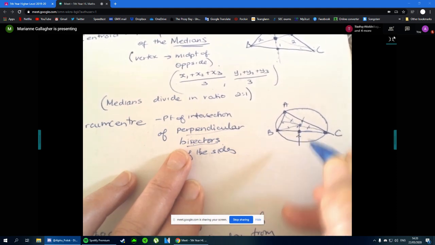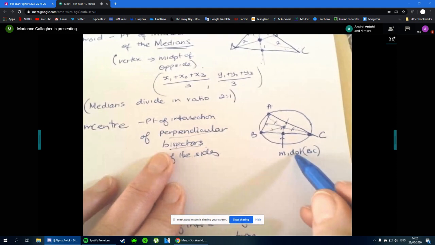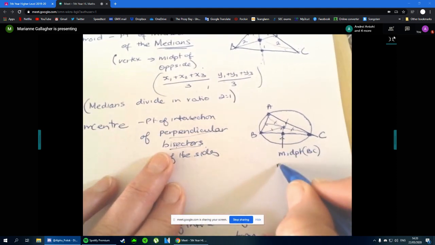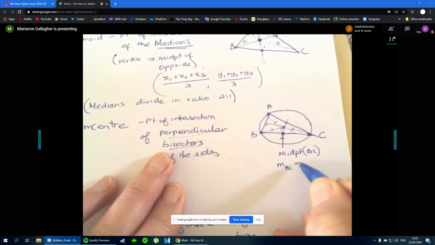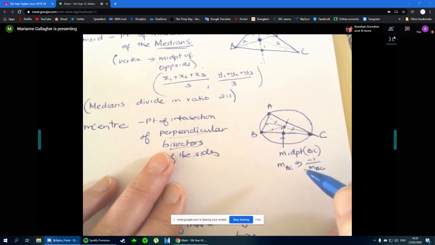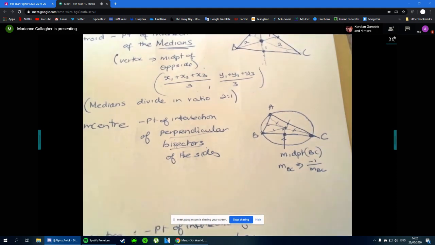So we find the midpoint, and that's going to be our point on our line. And then we get the slope of BC. Then the -1 over that is going to be the slope of our perpendicular. Do you understand what I'm doing there?